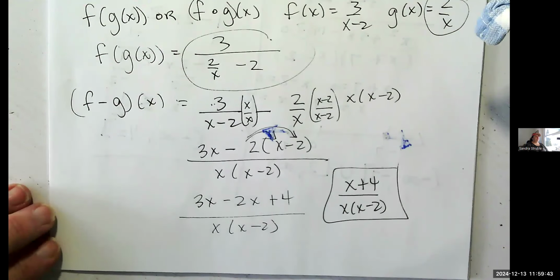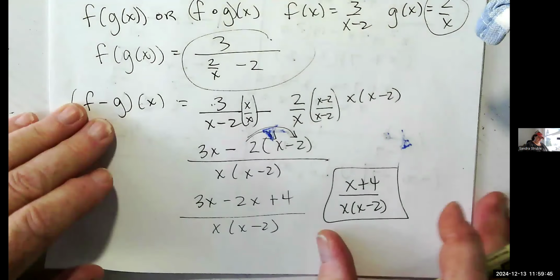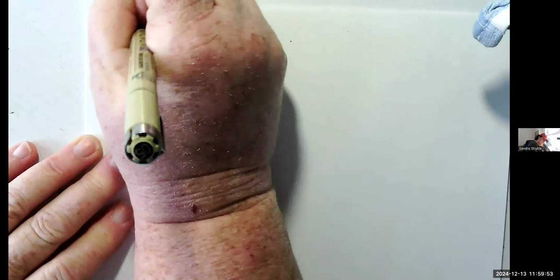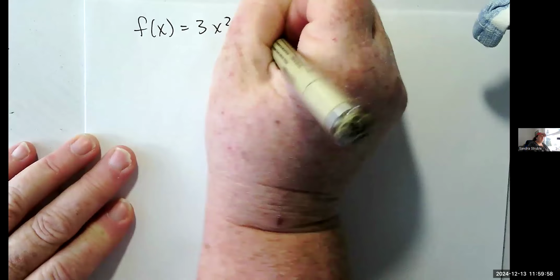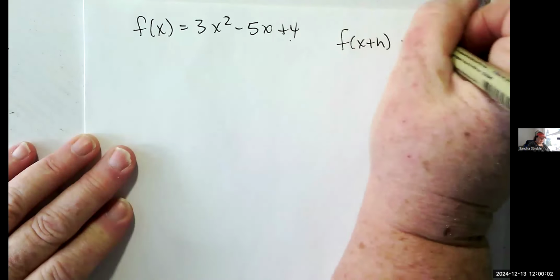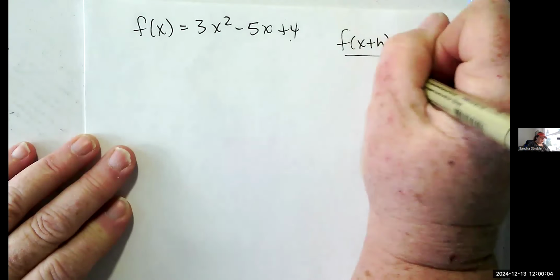Given the function, find the difference quotient. Cool. So we're using f of x equals 3x squared minus 5x plus 4. The difference quotient is f of x plus h minus f of x, all of that over h.